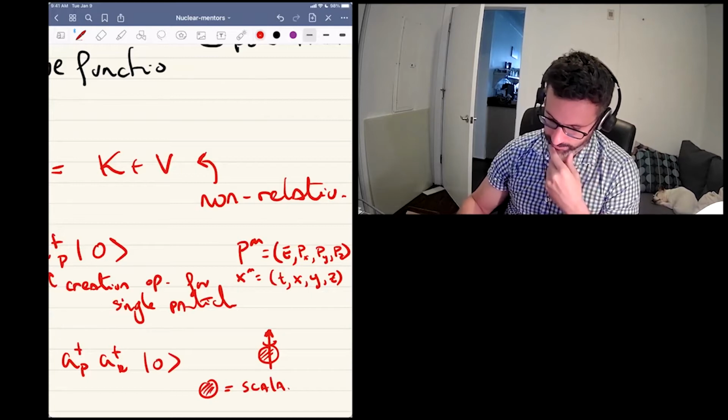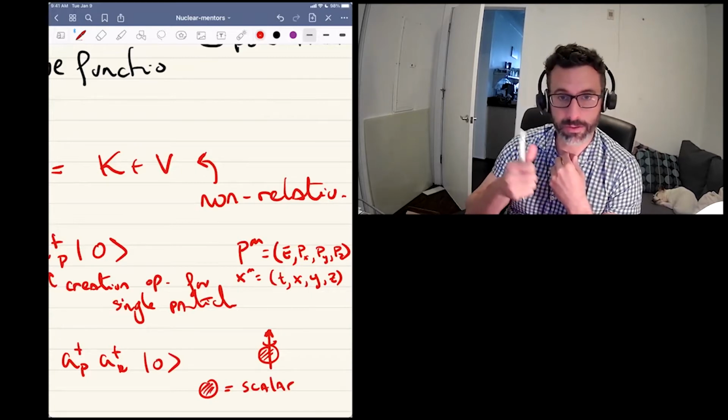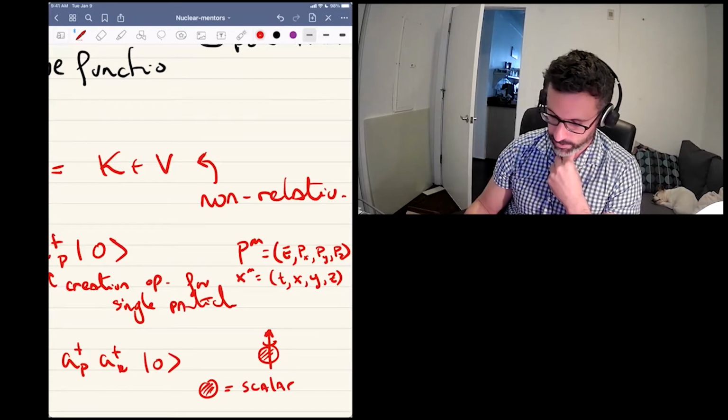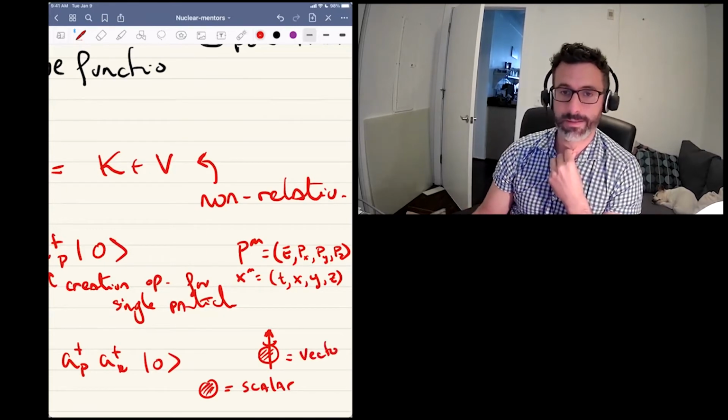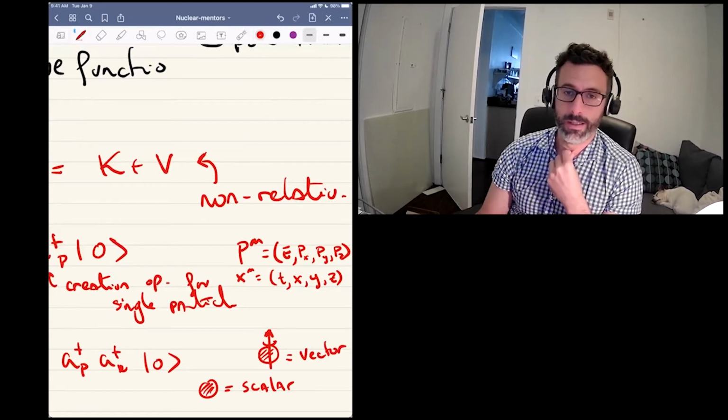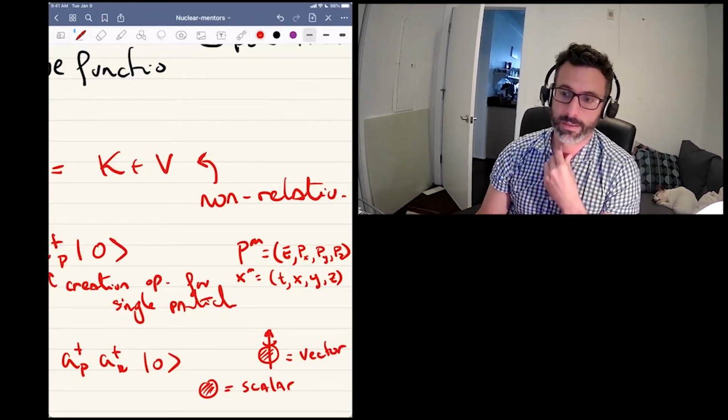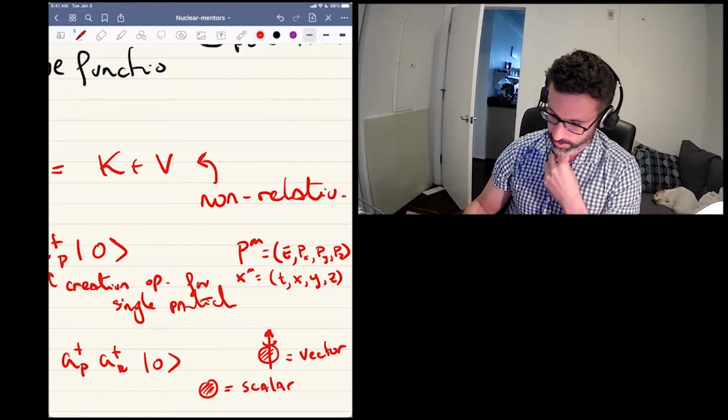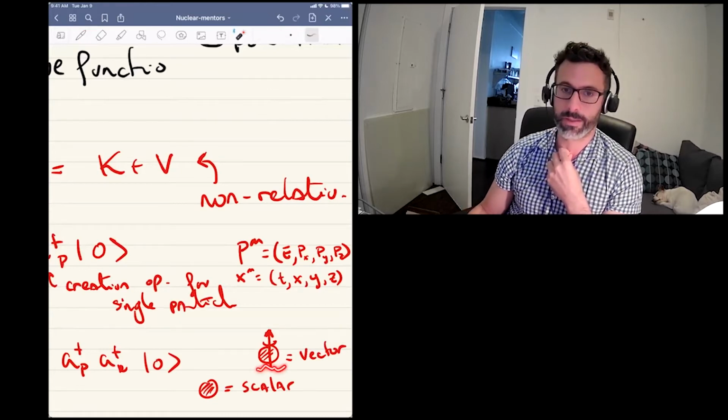And then if you have a spin that looks like a vector, then the field would be a vector. If you have a fermion that has a spin 1/2, you need a special kind of field for that. So for example, the photon looks like a vector, the rho looks like a vector, gluons look like vectors.